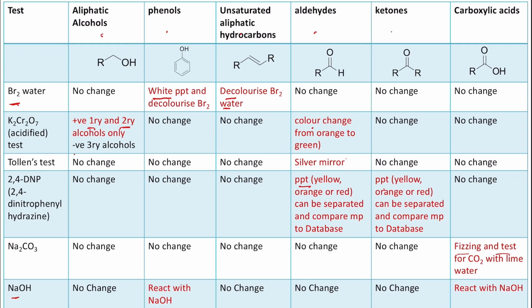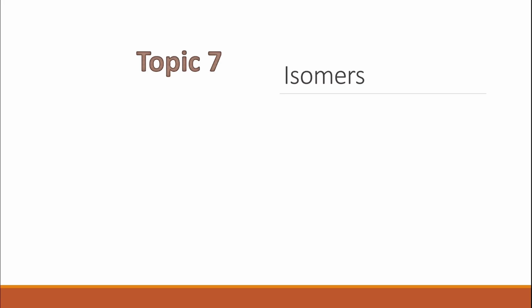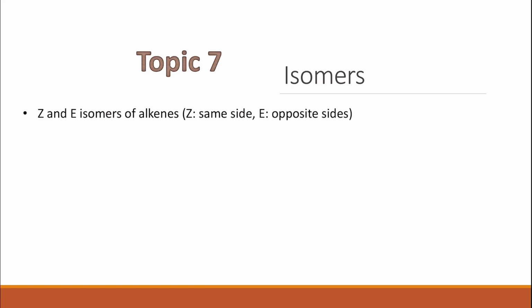Isomers, so there will be several questions about isomers. Don't forget about the structural isomers, where you have the position isomers, functional group isomers, and chain isomers, and most importantly the stereoisomers. Then we have the E and Z isomers of alkenes. In E and Z isomers of alkenes, if you have the two groups with the highest priority on the same side, it's going to be the Z isomer.